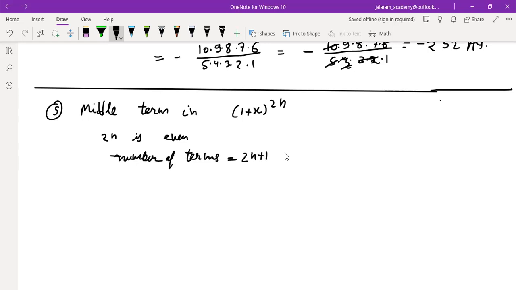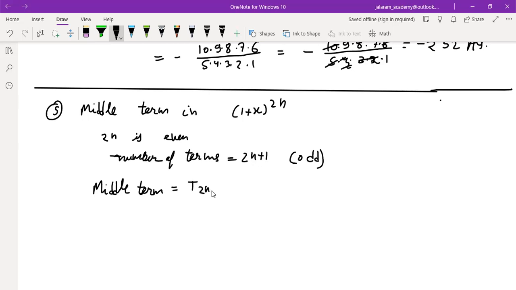That is, the number of terms will be odd. So how many middle terms will there be if the number of terms is odd? One. There will be only one middle term, which is given by, first change this to even, then only we can divide it by 2.